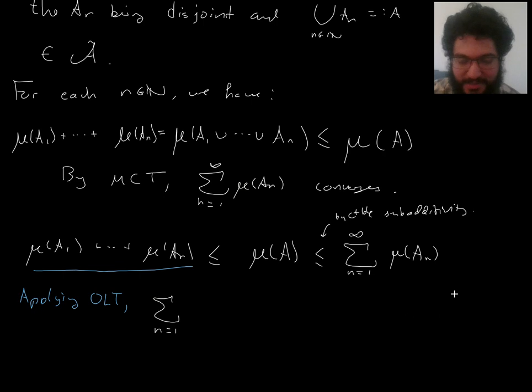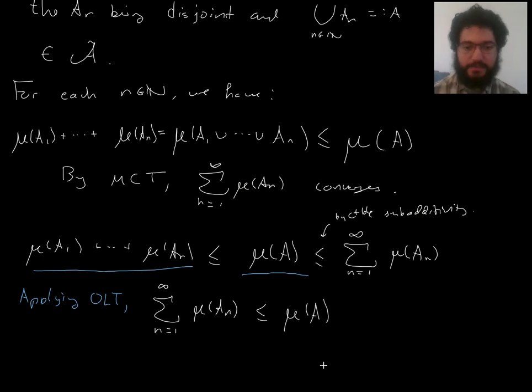It gives us that the series is less than or equal to itself. What I really want to look at is this. Apply the order limit theorem to this portion, and this will come in a moment. Then we get that the limit of the left-hand side is less than or equal to that one fixed number on the right-hand side.